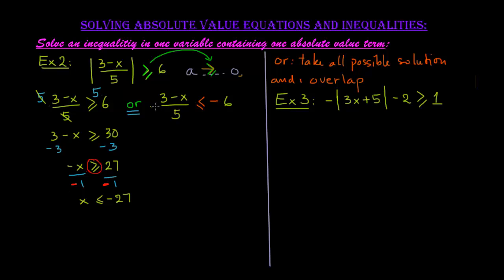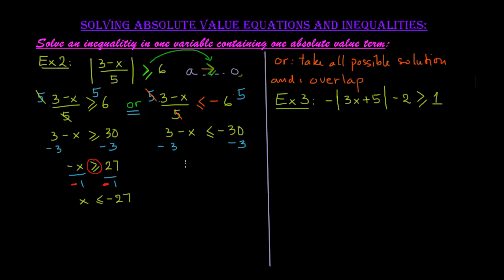And on this side, we do exactly the same. Multiply both sides by the LCD, which is 5. So 5 divided by 5 gives me 1. And 1 times 3 minus x is still 3 minus x, less than or equal to negative 6 times 5, which is negative 30. Then we isolate the x, move 3 over.